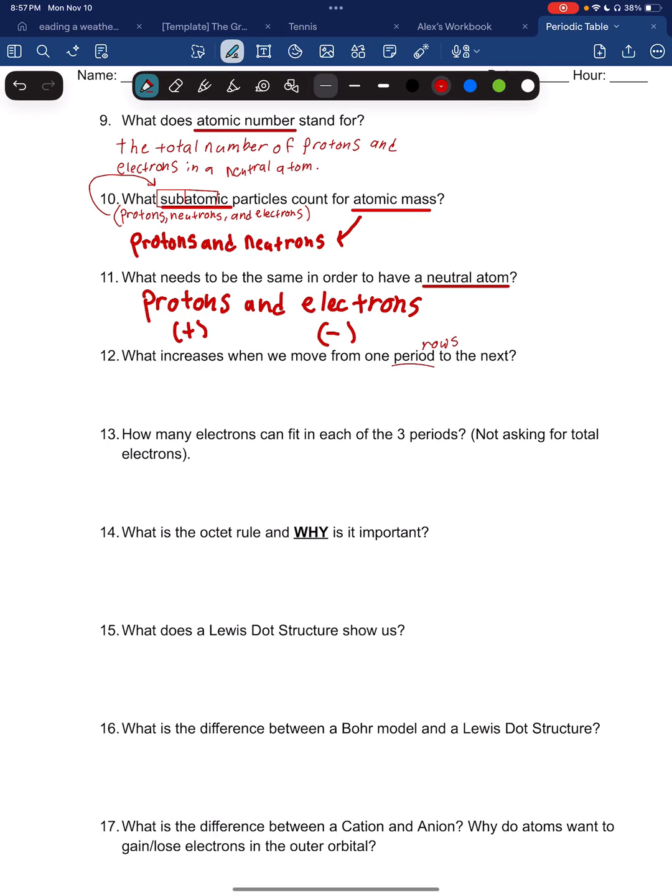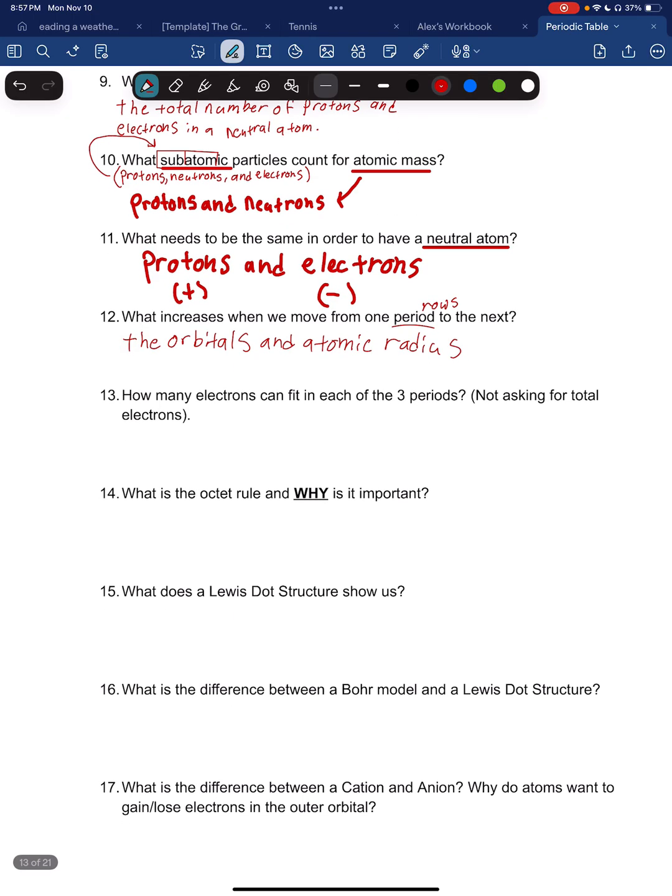What increases is the orbits or the orbitals and atomic radius.